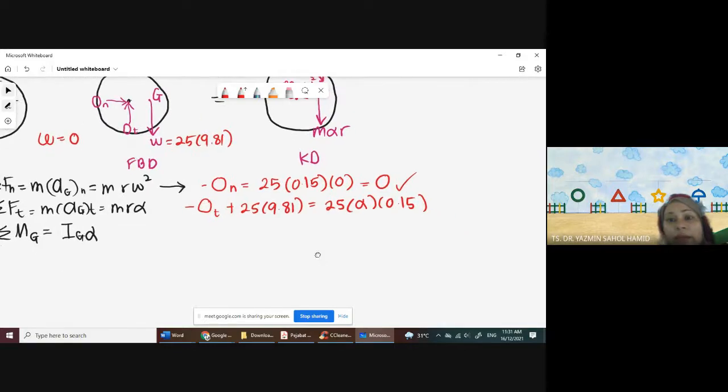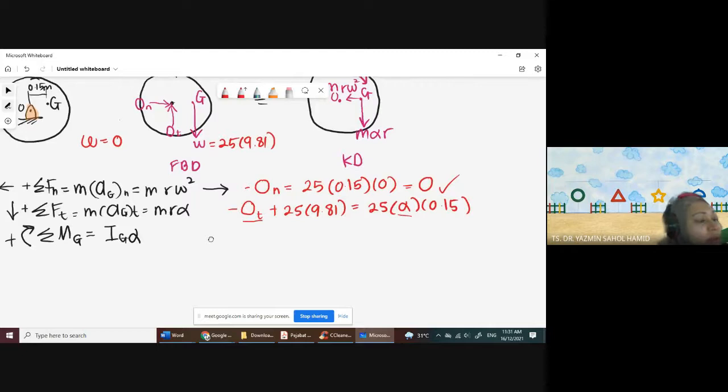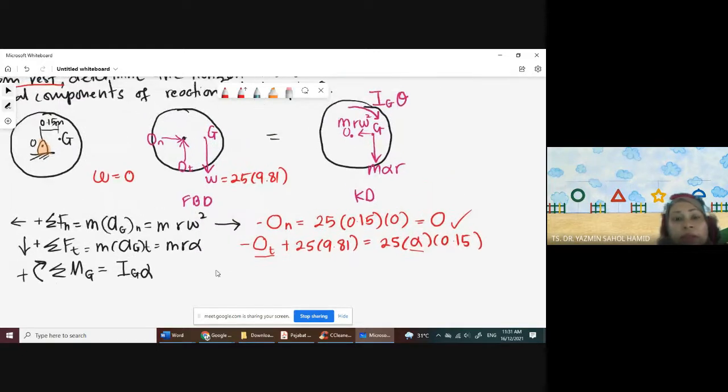So dekat sini kalau you perasan ada dua unknowns, satu OT, satu alpha. That's why kita ada third equation. So our third equation adalah apa? Kita kena take moment kan? So all this reaction force kita kena take moment dekat point G. So kalau OT kita take moment dia clockwise direction, so OT positif ke negatif?